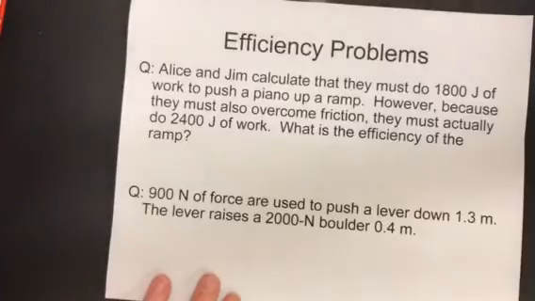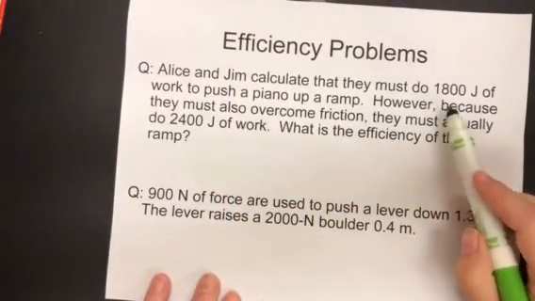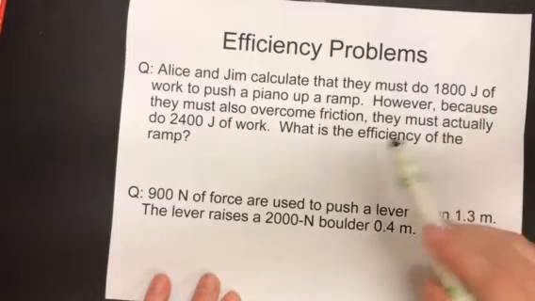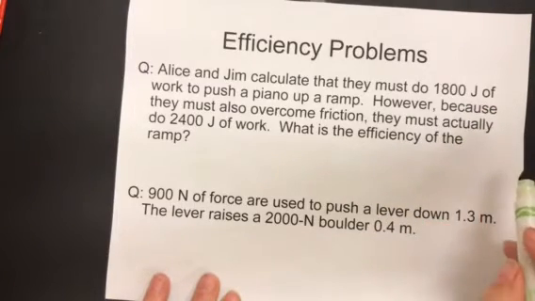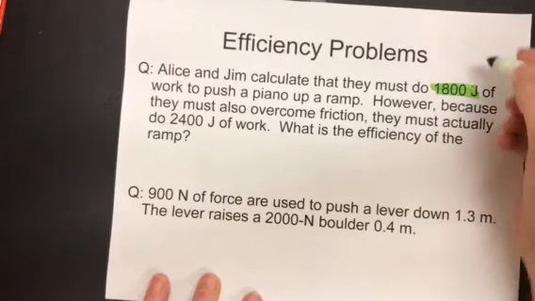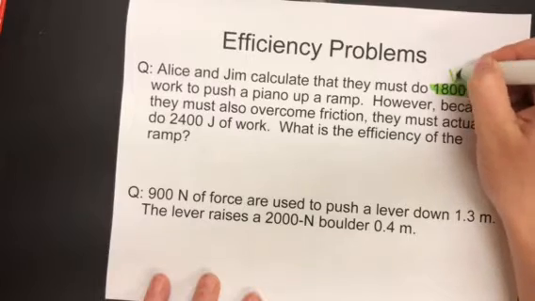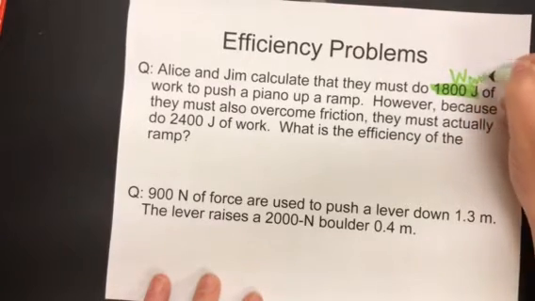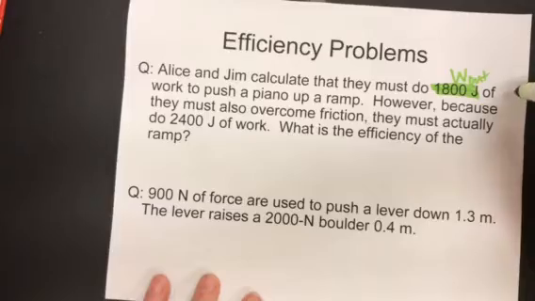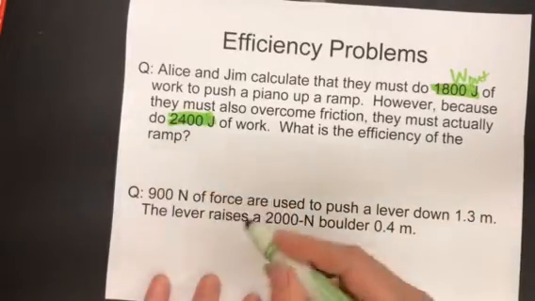Okay, so let's look at an example. Alice and Jim calculate that the ramp must do 18,000 joules of work to push a piano up a ramp. So this is what they think is going to happen. This is how much the piano is, so this is your work out. This is what's supposed to happen. But because of friction, this is what they actually put into it.